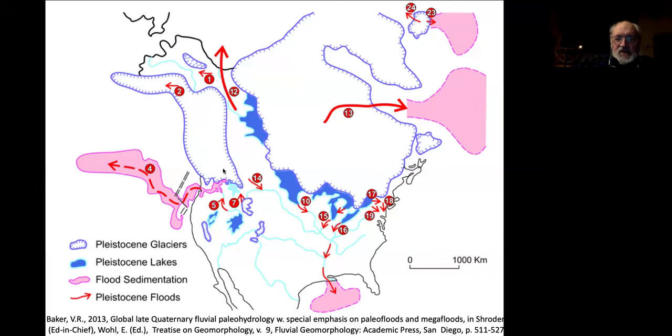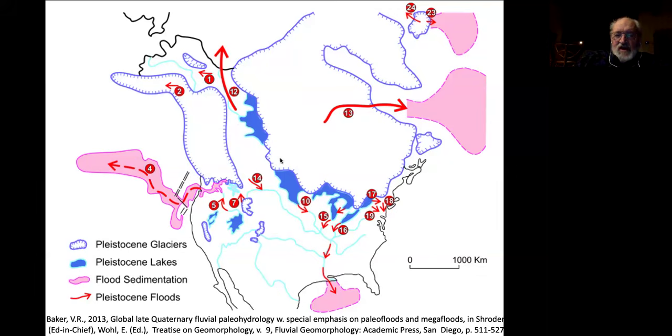Now, these ice sheets depress the surface of the Earth. It's a massive amount of ice. They're miles thick. What that means is there is a low point that develops all around the edge of this ice. Because the ice is melting, this low point fills in with water.